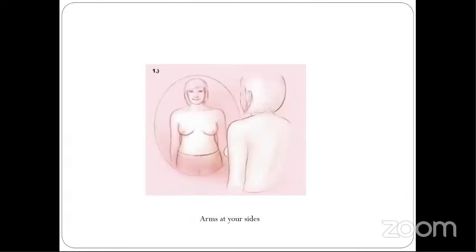First, stand in front of a mirror and look closely at your breasts in the following positions. We have three positions for inspecting the breast. First, arms at your side, as we can see here, in front of the mirror, and just look.